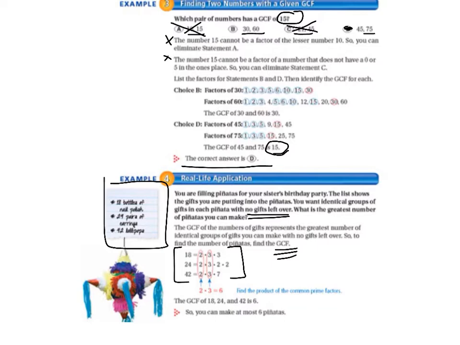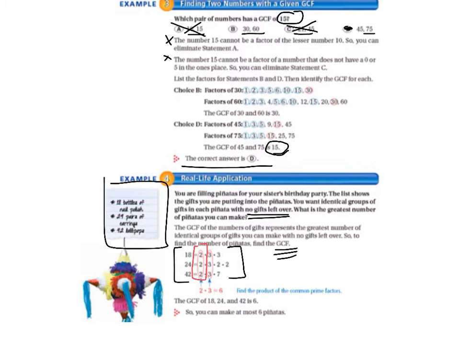So since there is a 2 in all three of these prime factorizations, see how there's a 2 in all of them. And there's an extra 2 in the 24, but it doesn't have a friend to match up with in each of the other numbers. So we're not going to put that in our product that we're multiplying down at the bottom.